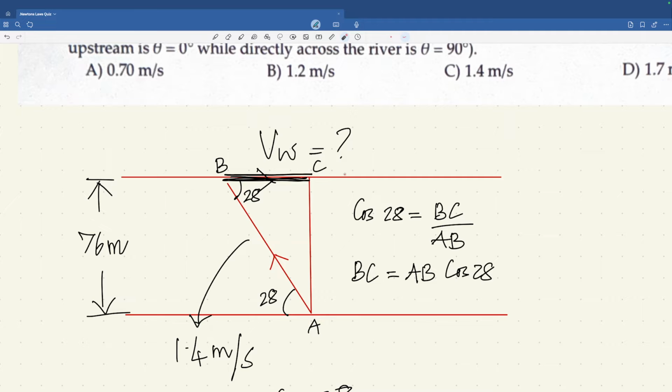And you're asked to find the velocity of the water, which is flowing down that way. That's what we're trying to find. So if you look at the right angle triangle, cosine of 28 is BC, which we're trying to find, over AB. And AB is 1.4 meters per second, that's given.